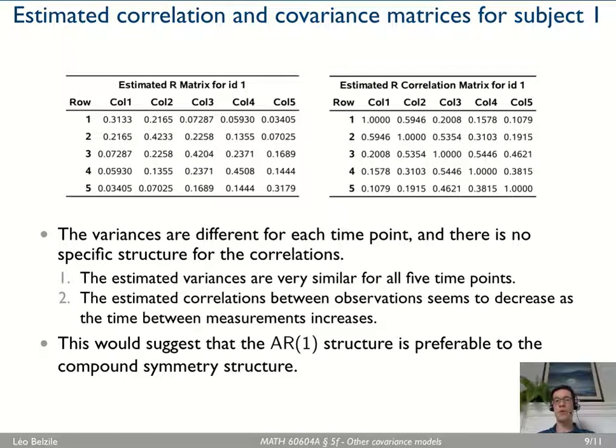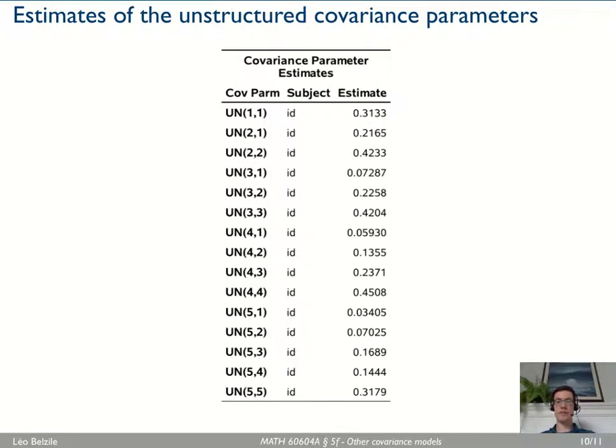You still see this kind of geometric decay, which could suggest that the AR1 is actually better than compound symmetry, because there seems to be indeed a decrease in the correlation as observations are further apart. But this is sort of ad hoc.